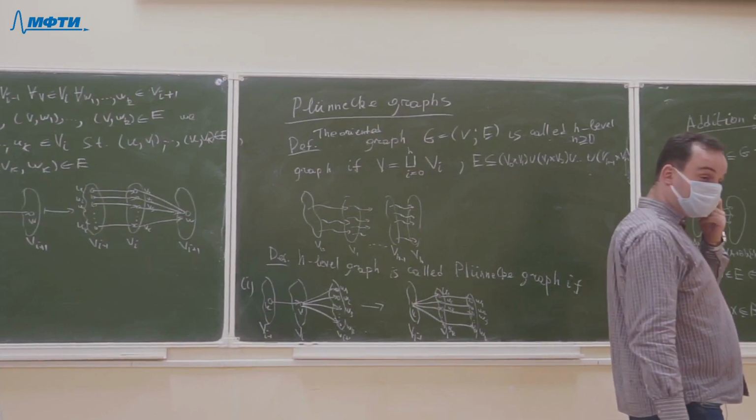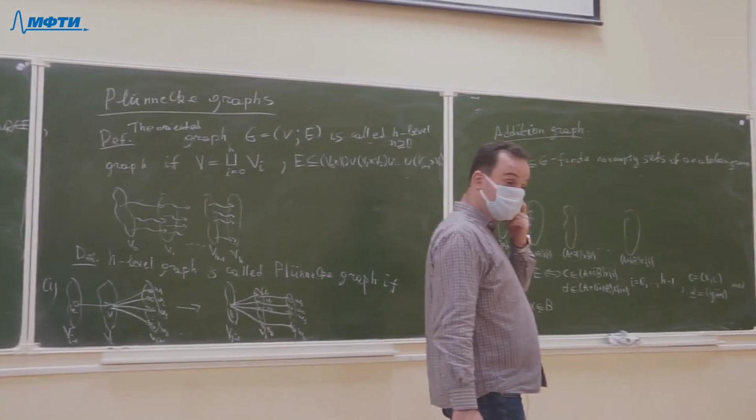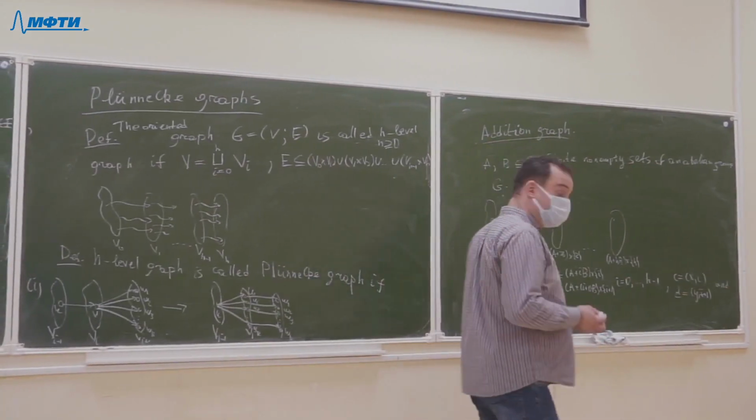Do you understand what this graph is? Why is this a Plünnecke graph?